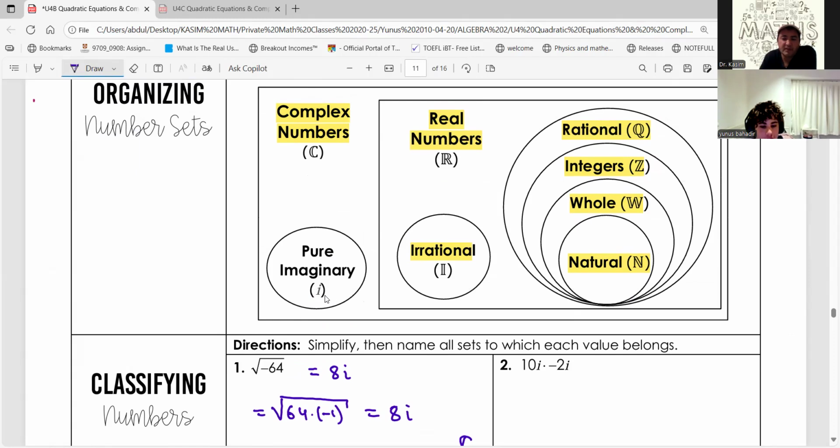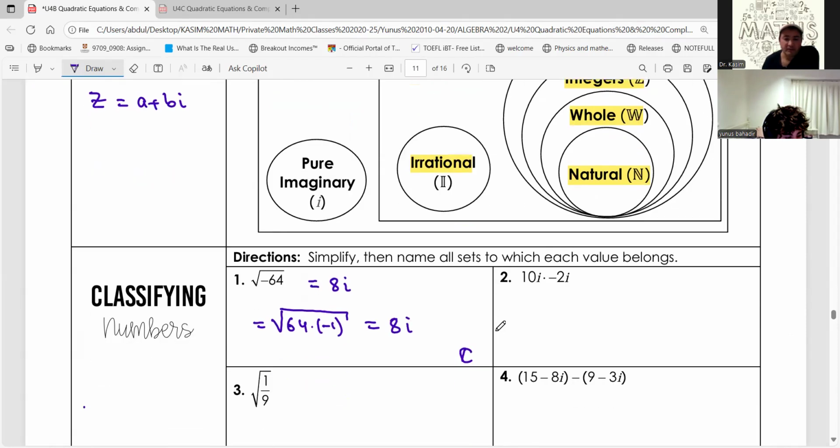It's not multiplied by any real number. But if you multiply by a real number, that means we are just scaling this. Adding means a shifting, right? And this one is a plus bi. So this i is the pure imaginary part. Okay. All right, let's continue.